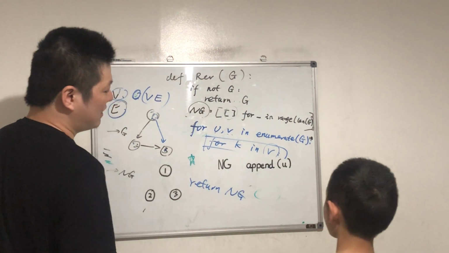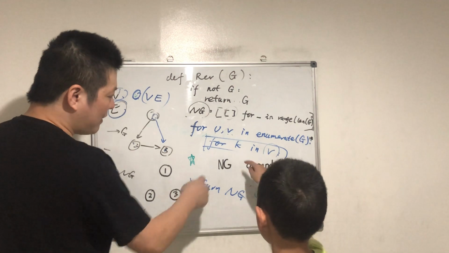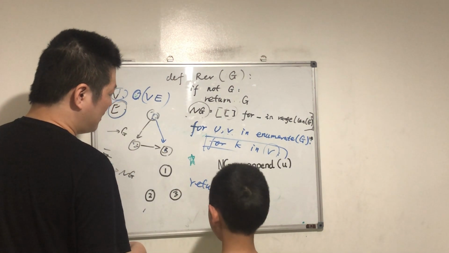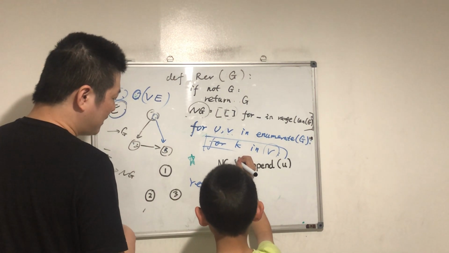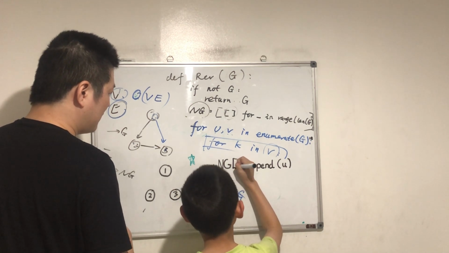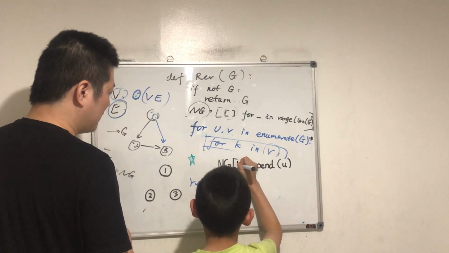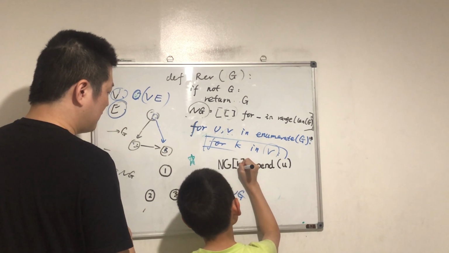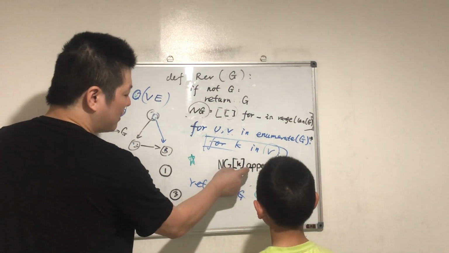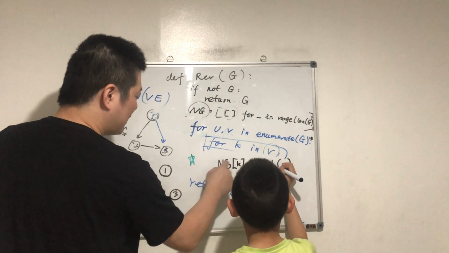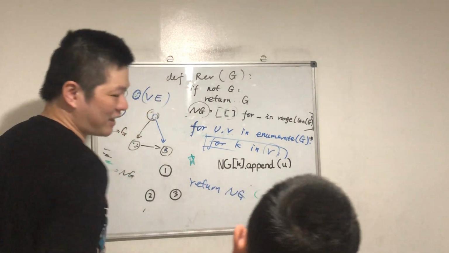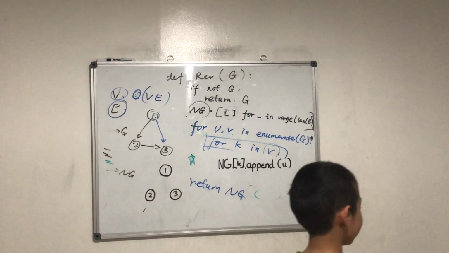So NG K. How do you put NG K? Bracket, this bracket. You need the method: dot append. You're not putting it together. Dot append. Does it make sense now?